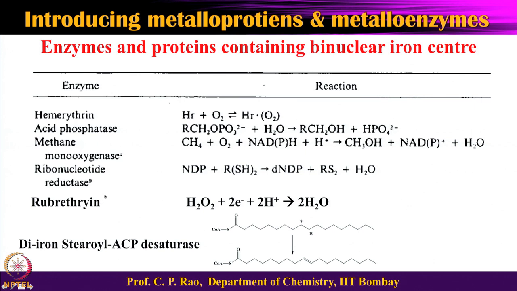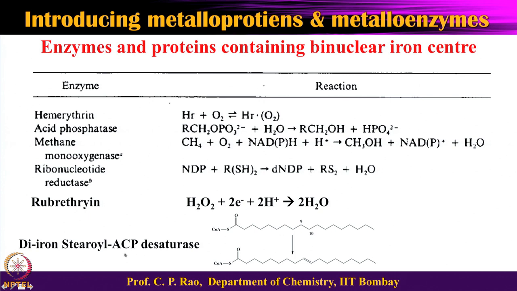Then, having looked at the reductase and the H2O2 breakdown, let us look at acid phosphatase. Acid phosphatase basically breaks down the phosphate ester bond, in other words, hydrolyzes it. These three cases we are going to study in a bit more detail, but in addition there are other di-iron enzymes like stearoyl ACP desaturase.